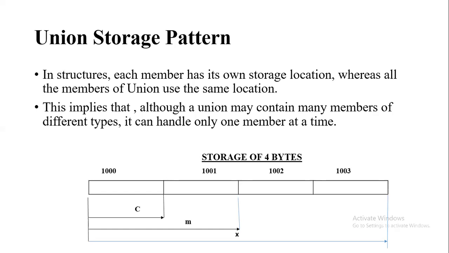So we are accessing only one element at a time. In that case, we can use union. The same place is used for storing integer, float, or character. So any one at a time only we can access. If we try to print all of them, it will print only one value.